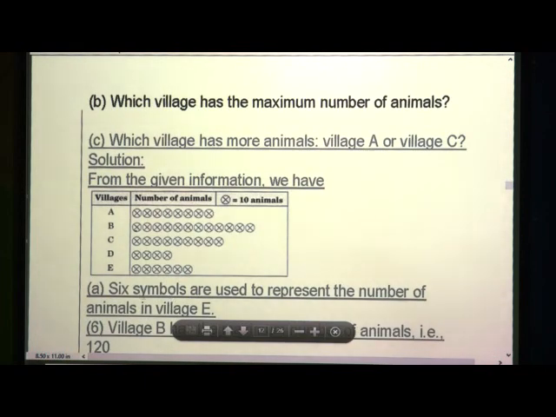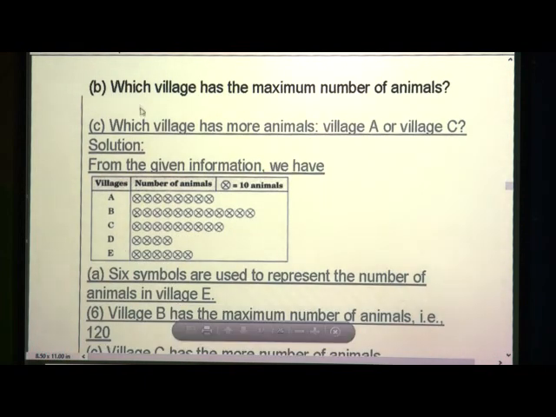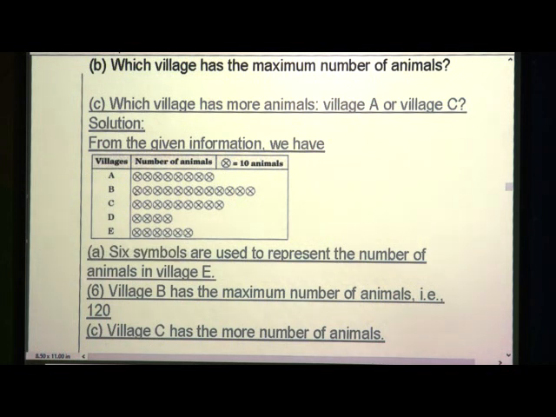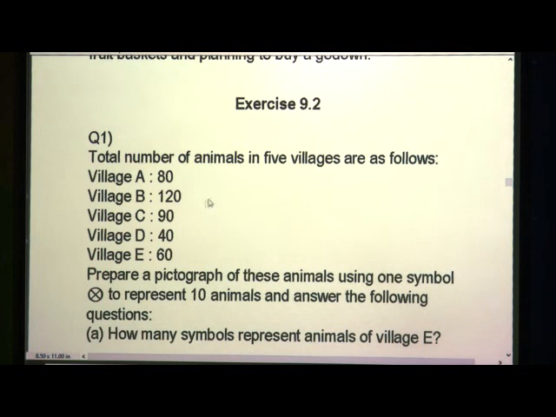So after representation of the pictograph we need to find the answers to the given questions. Now see, how many villages do we have? We have 5 villages, A, B, C, D and E. So A has 80 animals.